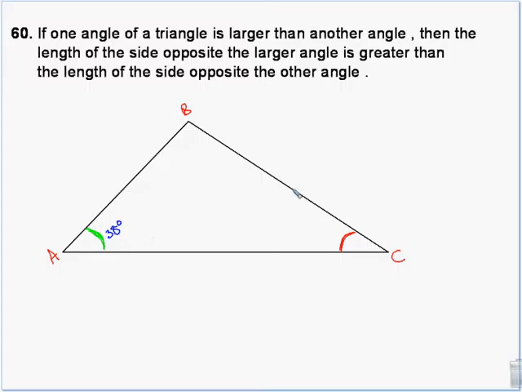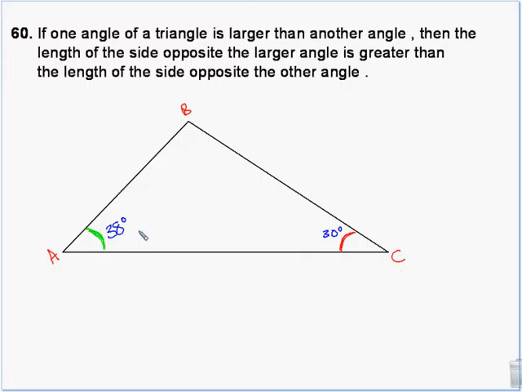And angle C is probably 30 degrees. I'm just guessing. I didn't actually measure, obviously. Okay. Angle A is bigger than angle C. We all agree?